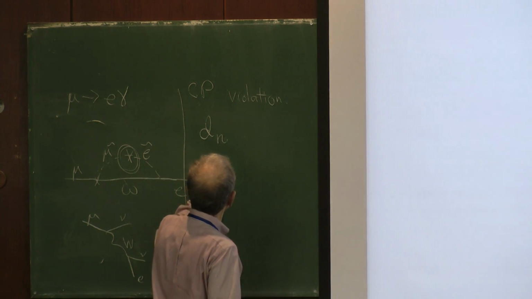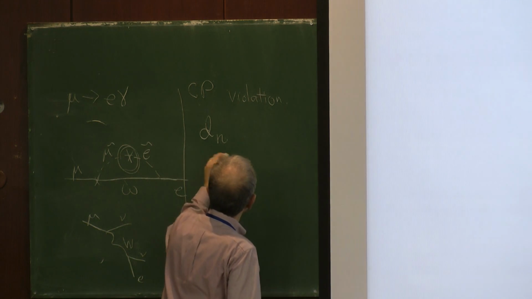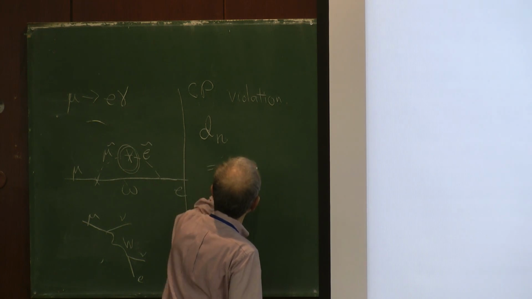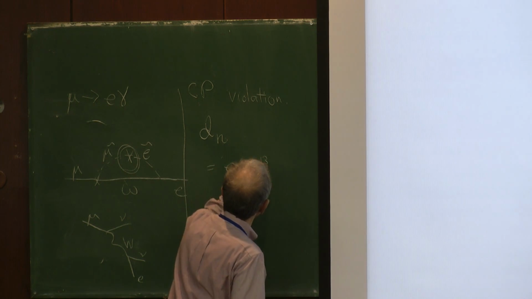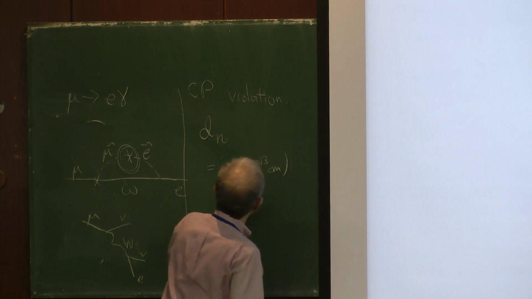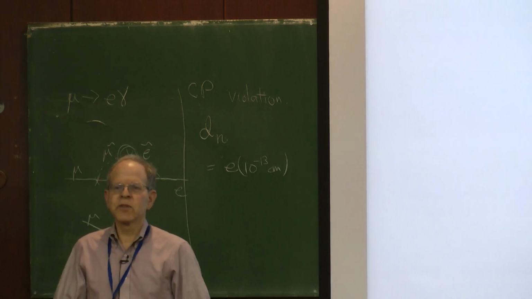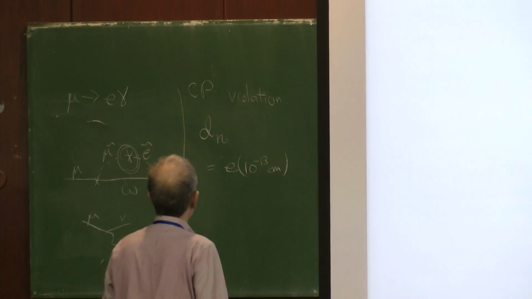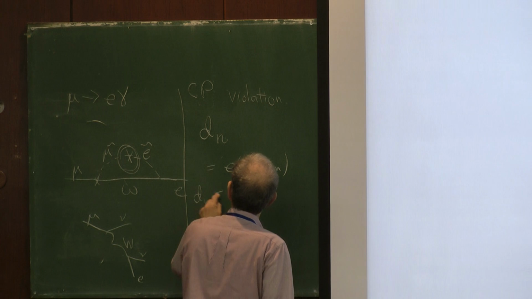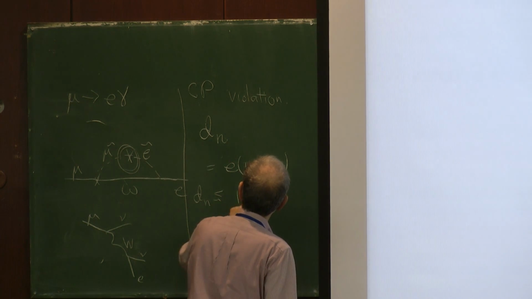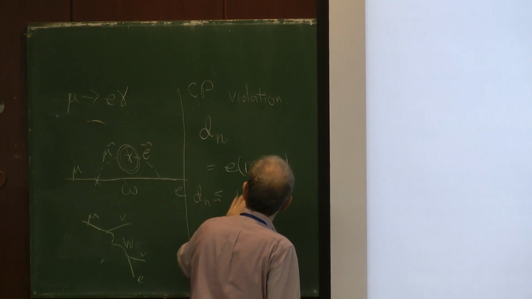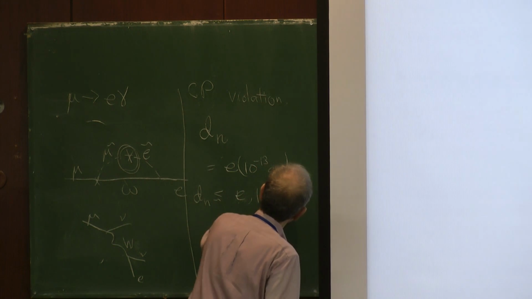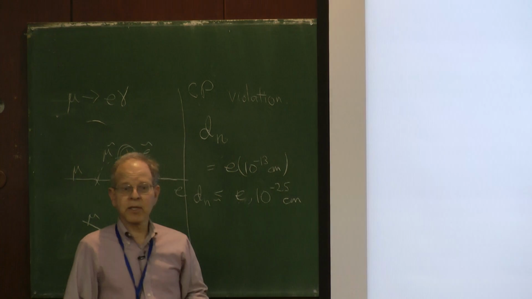The natural value is the electron charge times the size of the nucleus, the size of a neutron, say 10 to the minus 13 centimeters. That's about how big I would expect it to be, and the actual limit is, I am probably not totally up to date, but it's less than about 10 to the minus 25.